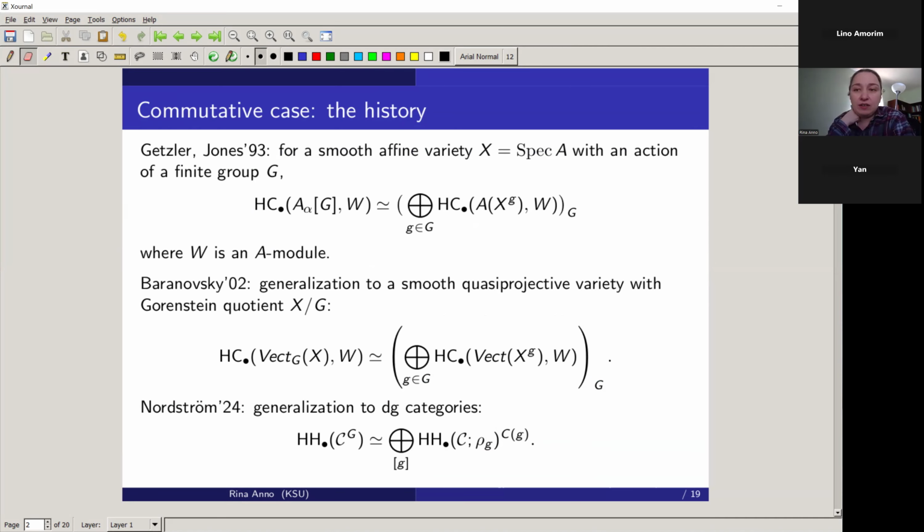The Hochschild homology of the smash product with the group can be expressed as a Hochschild homology of the function rings of the invariant subvarieties of X. Hochschild or cyclic? This is cyclic homology with coefficients in some module W.